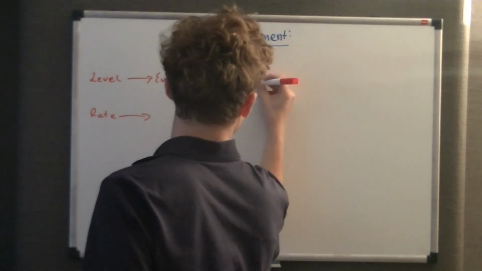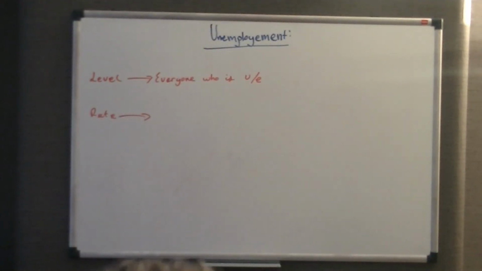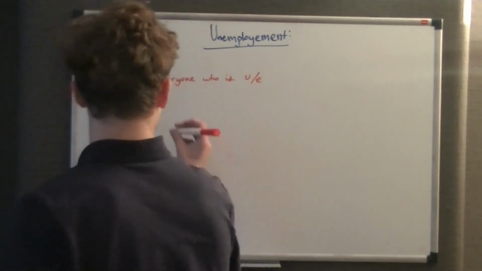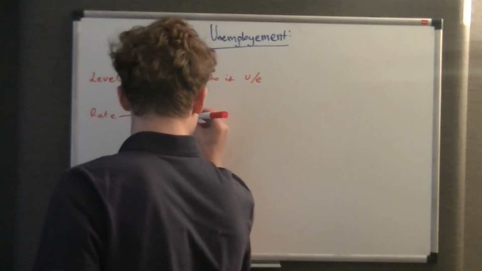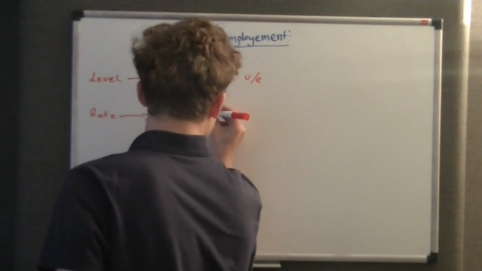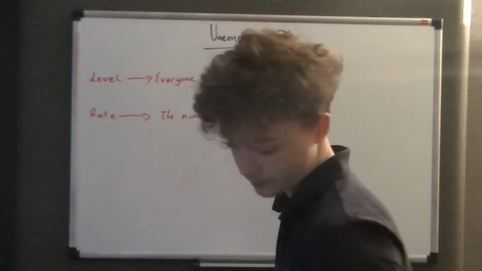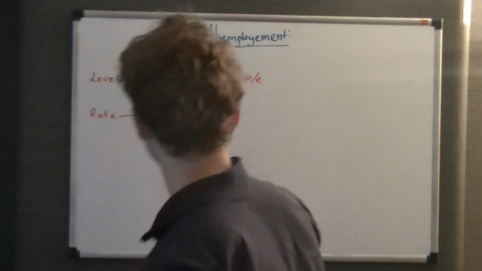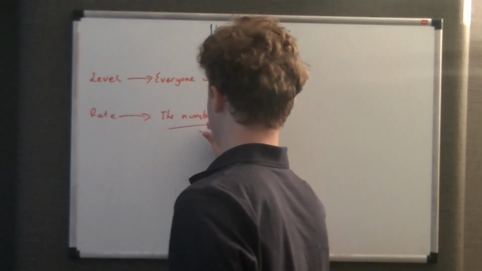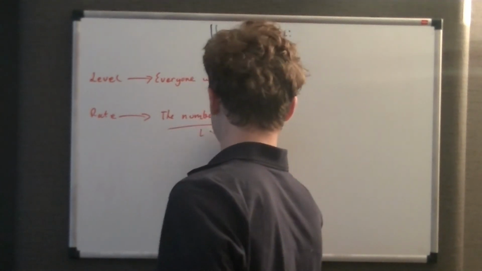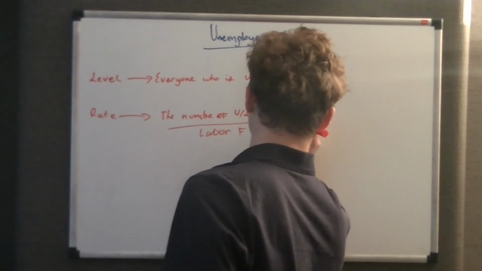I just put U over E, just as a short one for unemployed. Now, the rate of unemployment is expressed as a percentage. It's the number of people unemployed in the labour force over the number of people in the labour force, times 100.